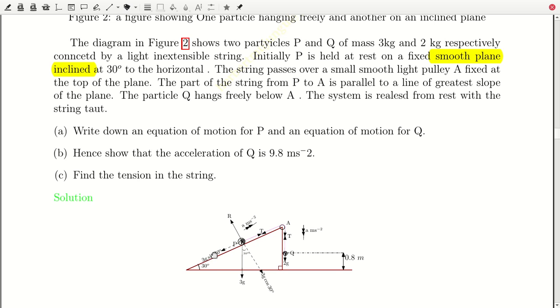So now if we take forces, for example, on the 3 kilogram mass, we have T minus 3g sine 30 degrees. That will be the net force on the 3 kilogram mass.